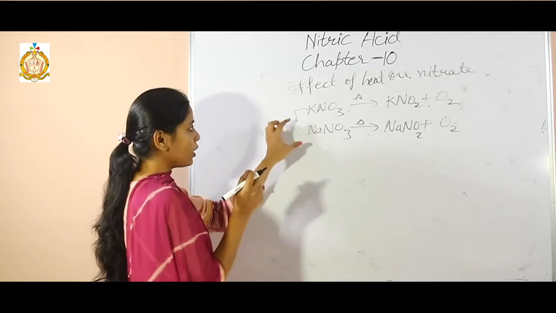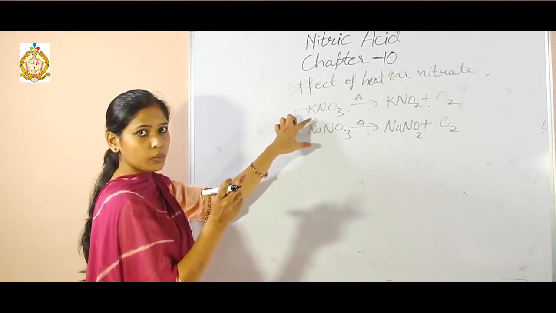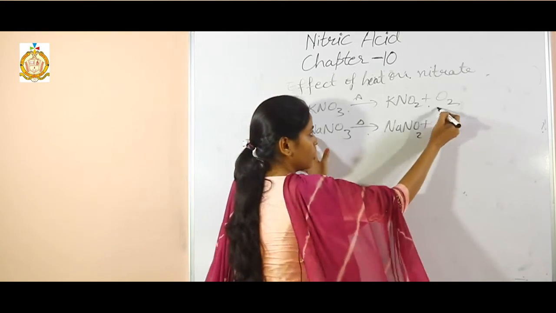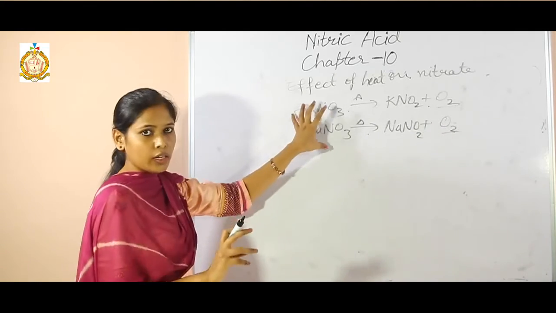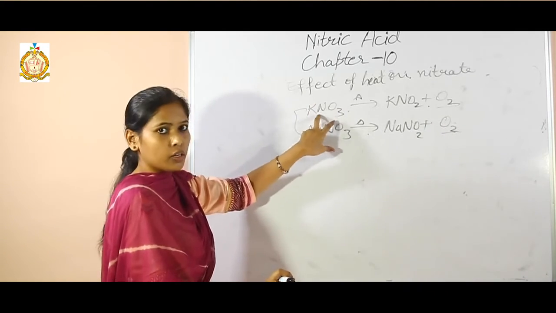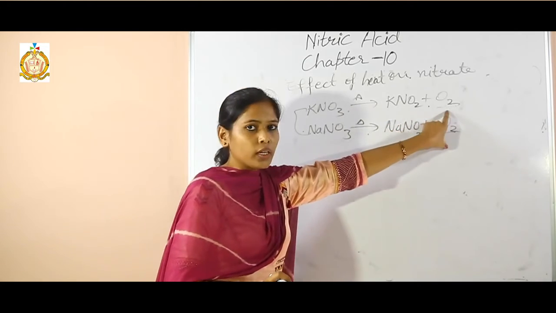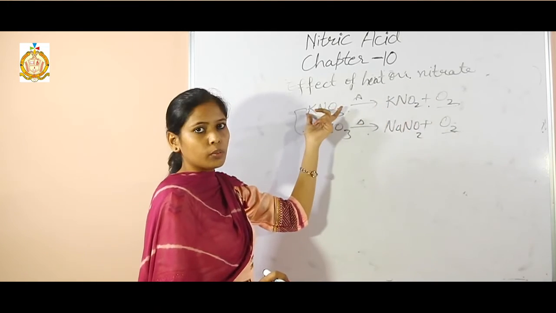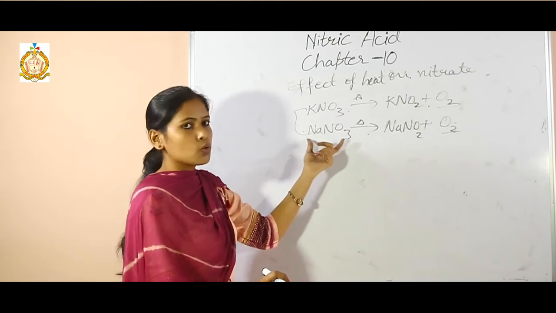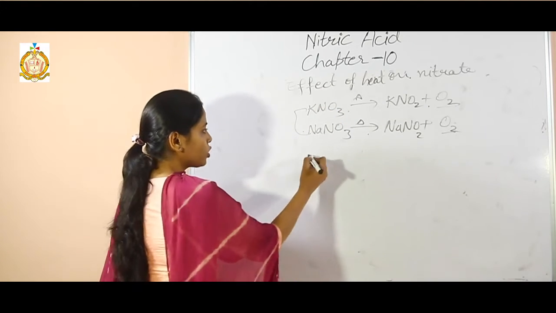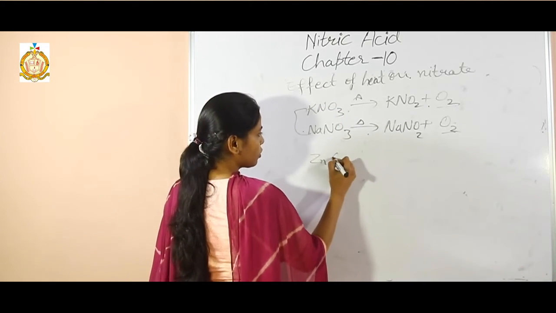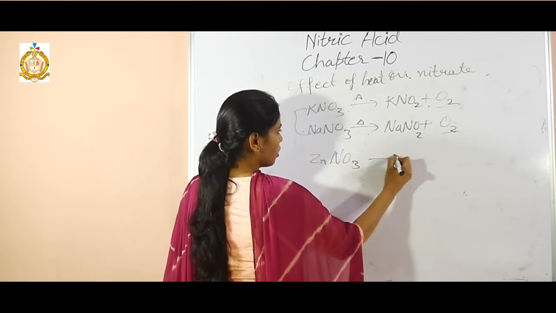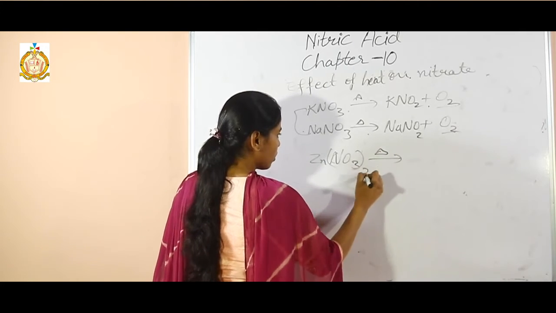This is for only two metals, potassium nitrate and sodium nitrate. Question is, name a nitrate which gives only one gas on heating, that is potassium nitrate, either this or sodium nitrate.